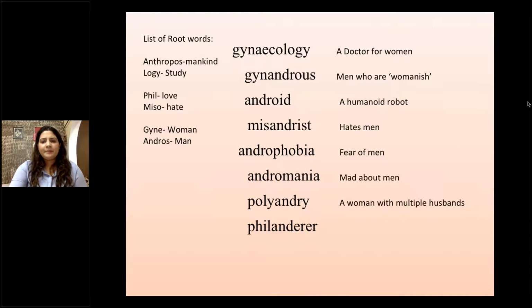No. Prableen is correct. Come up with the answers. Come on, everybody. Who is a philanderer? Men having extramarital affairs. Not really. No, Hardik. Who loves the company of men? No. Very good, Angad. Absolutely correct.